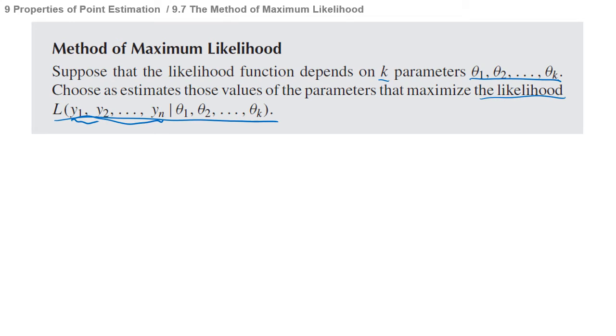The likelihood function measures how likely the data is, and we want to maximize it with respect to the parameters theta 1 to theta k. That's how maximum likelihood works. Let's learn this method by examples.